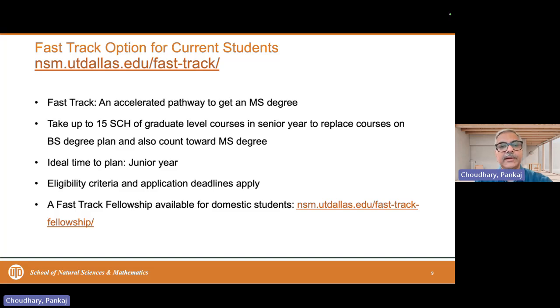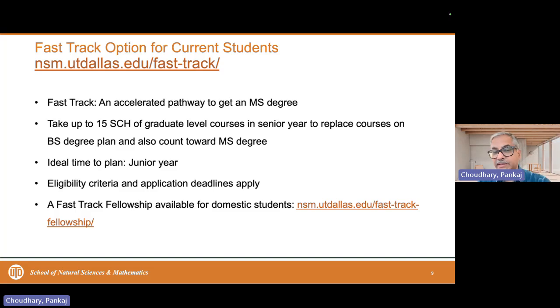Now, for the students who are already at UTD, we have this fast track option. Fast track means if you are currently pursuing an undergraduate degree, then in your senior year you can take some master's level courses, which are part of the curriculum for this AI program. If you are able to take some of these master's level courses during your undergraduate degree itself, you are on an accelerated pathway to get a master's degree.